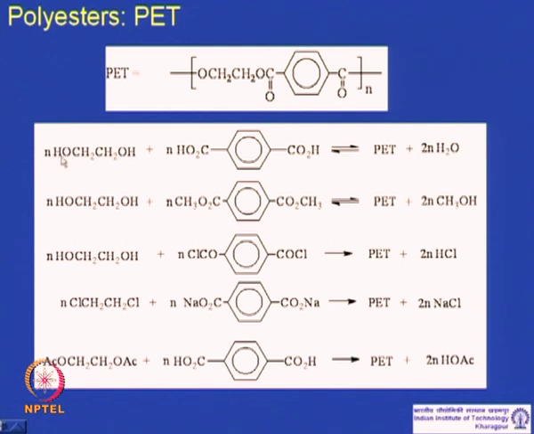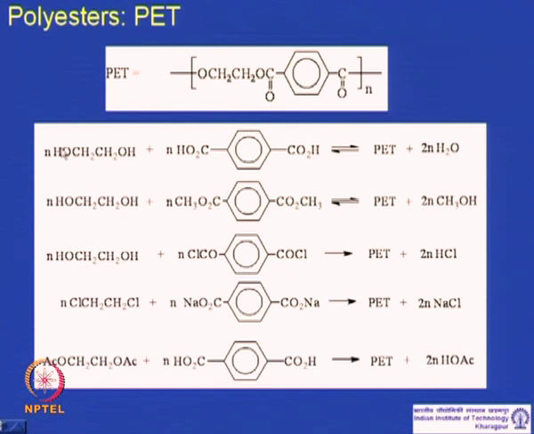You can take ethylene glycol and the diacid terephthalic acid in a direct reaction. Instead of terephthalic acid, you can take the dimethyl ester of terephthalic acid, you can take acid chloride, acid anhydride and so on.